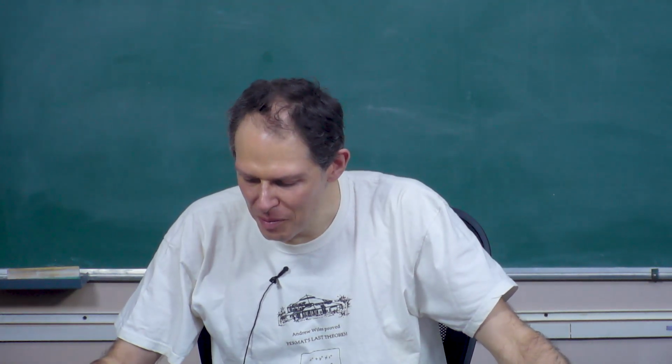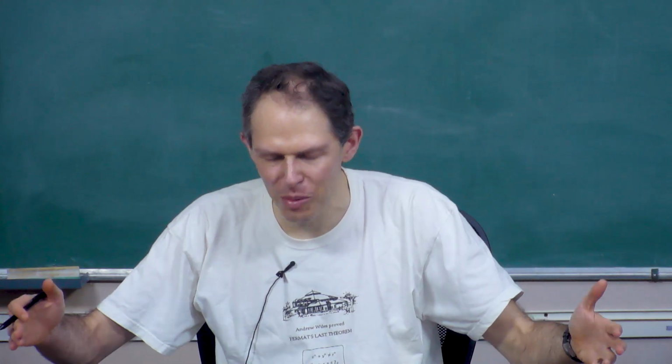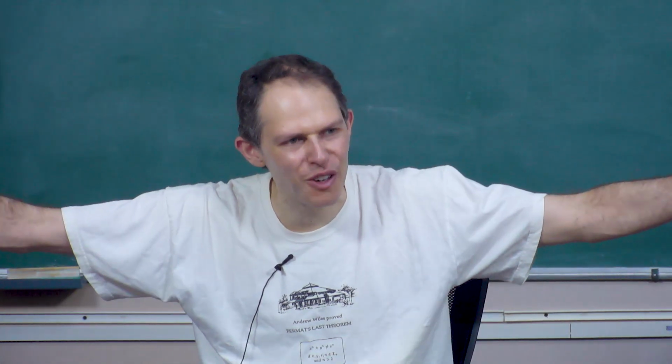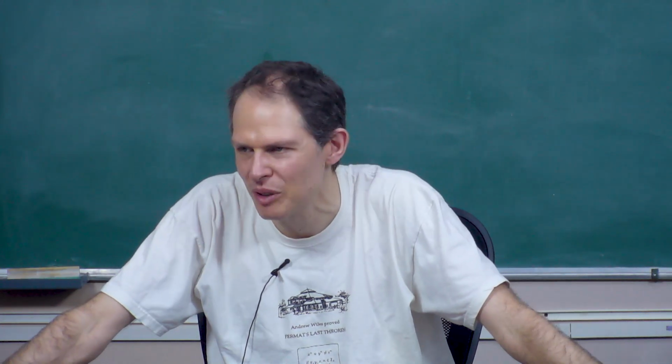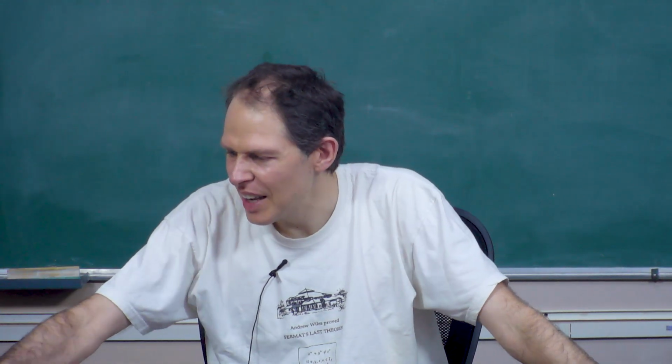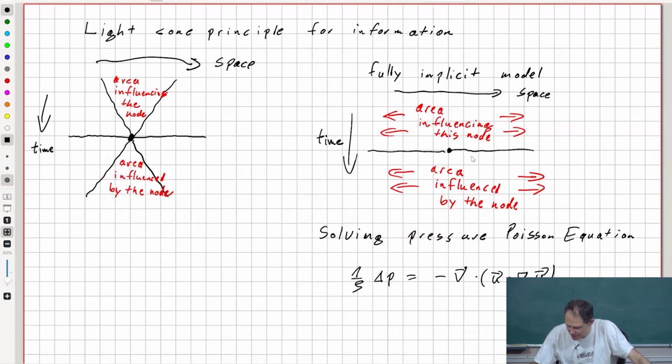And now you have to globally solve this problem, which means that because it's a global problem, if the size of your system increases, solving this thing becomes more and more expensive. Should I write this down?